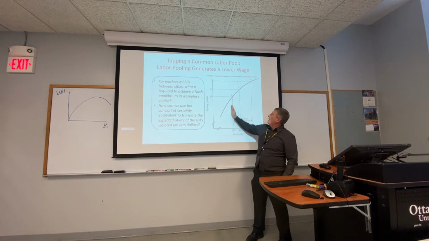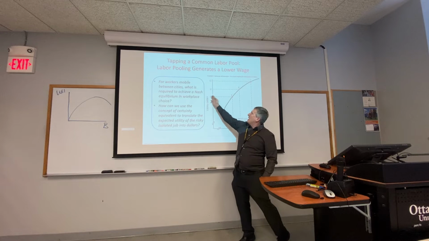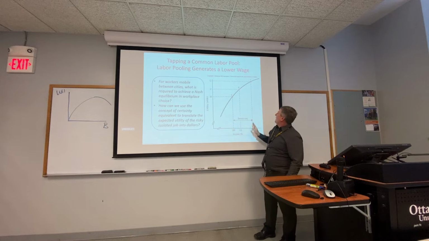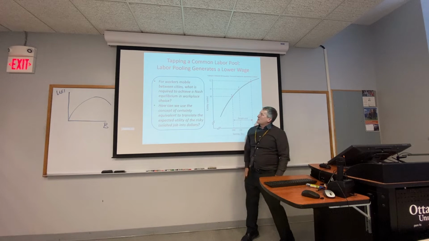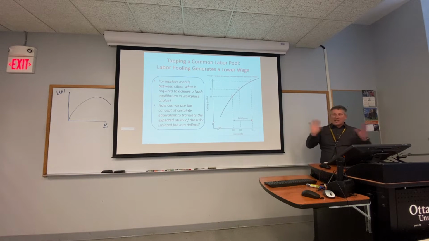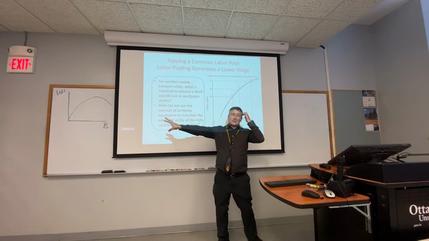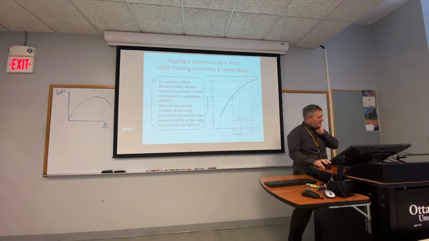If I have $100 worth of income, I have 10 units of happiness. 121 gives me 11, and 144 gives me 12. So that's kind of our starting place, just to kind of talk about this related to beer. Any questions so far? Just kind of teeing it up.